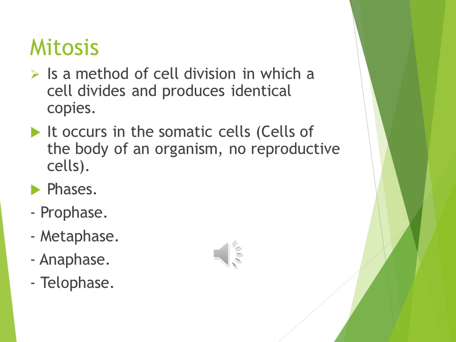Mitosis is a method of cell division in which a cell divides and produces identical copies. It occurs in the somatic cells, cells of the body of an organism, not reproductive cells. The phases of mitosis are prophase, metaphase, anaphase, and telophase.